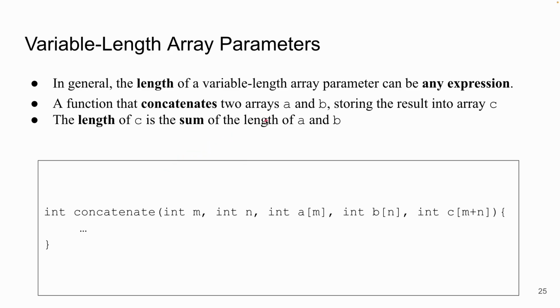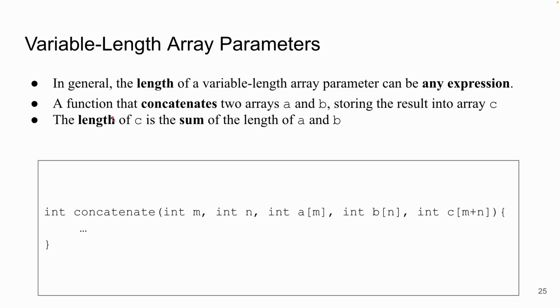So in general, the length of a variable length array parameter can be any expression. So we can put the arithmetic expression here to indicate the length of the array C. I won't introduce the function body of this one, but I just want to show that you can write the parameter list like this.